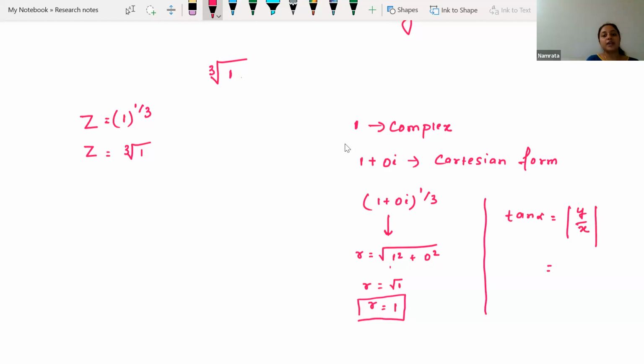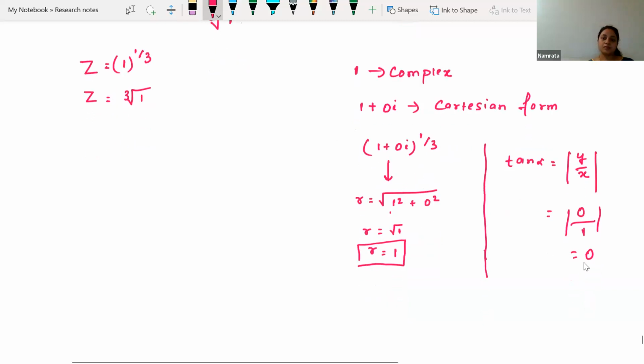Mod of y is 0 and 0 by 1 will be again 0. So which angle gives 0 for tan? Tan 0 is 0, right? Can I write alpha is 0? Now we need to find theta.